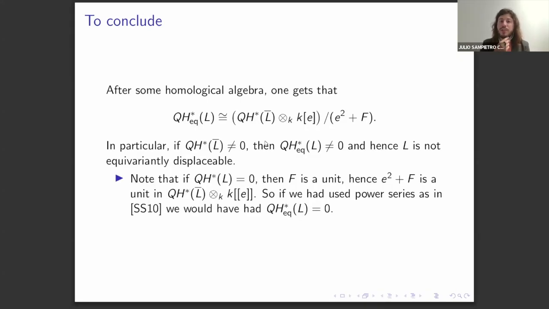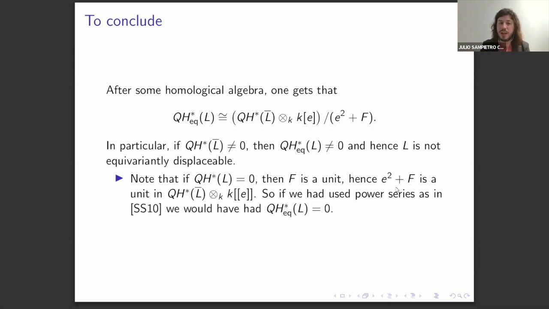This is where the key difference with Seidel-Smith's construction lies. Note that if the regular quantum cohomology of L is 0, then by the Floer-Gysin sequence, F is going to be a unit. So in our case, since L is displaceable, though not equivariantly, the quantum cohomology vanishes, so F is a unit.